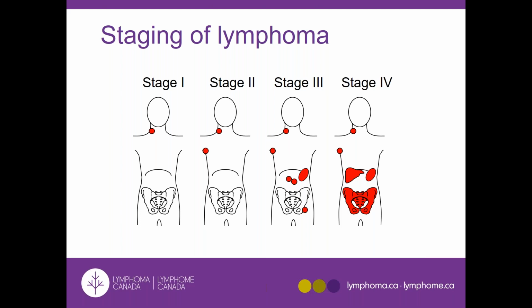Because this is a cancer of the immune system and of the blood, it's not unusual for us to see lymphoma in numerous spots, and thus again, from a treatment perspective, the prognosis of stage 4 lymphoma can still be quite good.